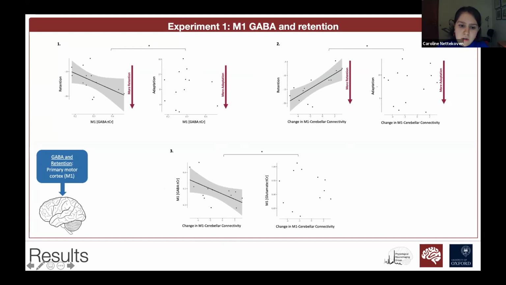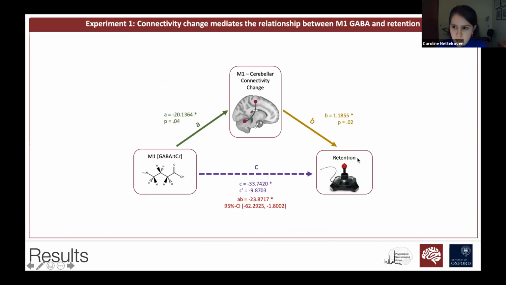And this relationship does not exist between the neurotransmitter and change in connectivity for a control neurotransmitter, which is glutamate in this case. Because we got this threefold relationship, we wanted to further explore this data and therefore calculated a mediation analysis.